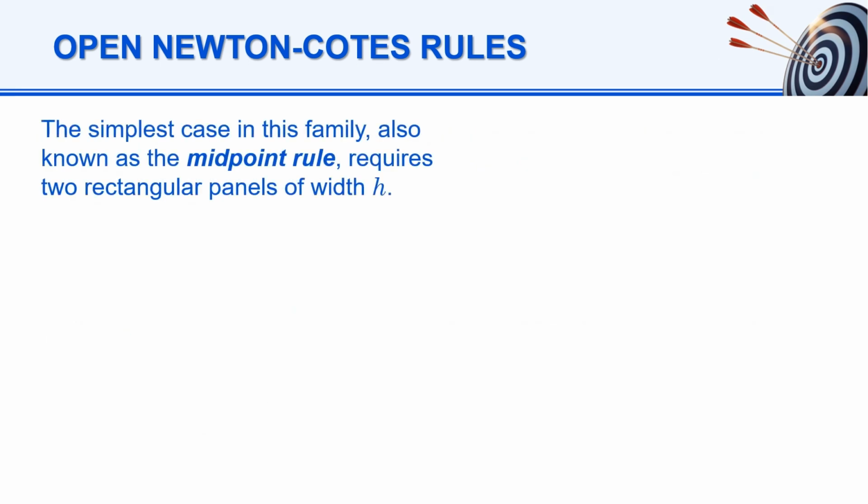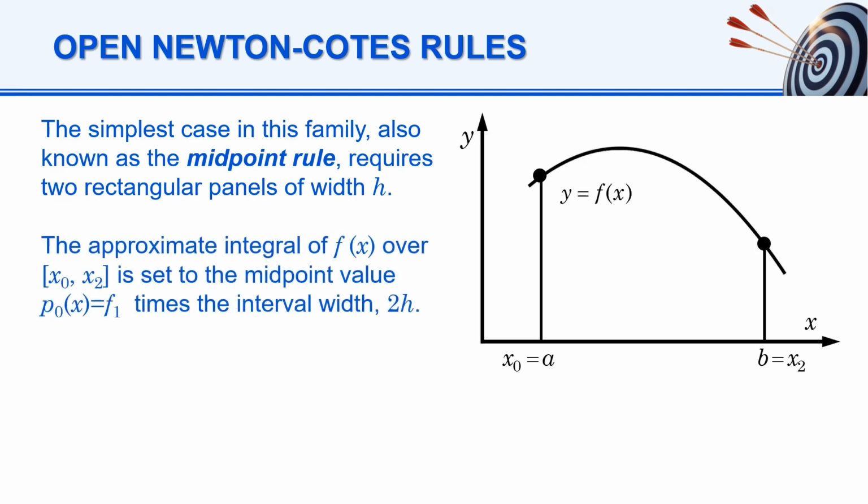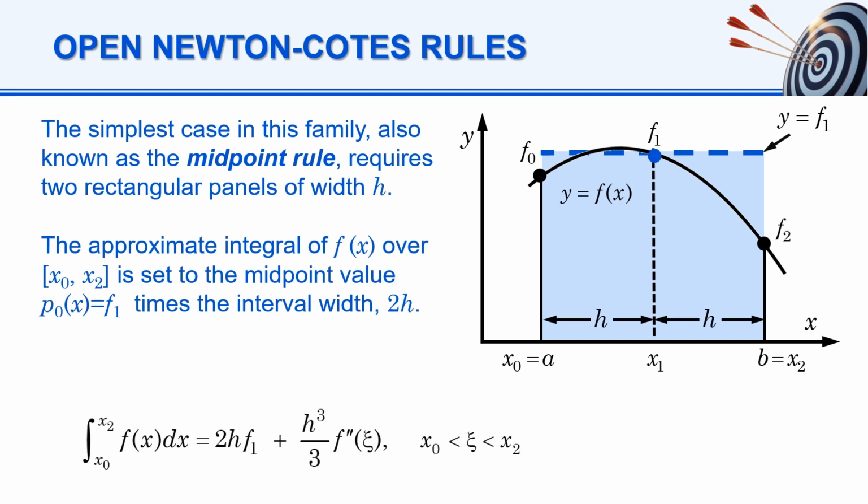The simplest case in this family, also known as the midpoint rule, requires two rectangular panels of width h. The approximate integral of f(x) from x0 to x2 is set to the midpoint value p0(x) equals f1 times the interval width 2h. The midpoint rule has a third-order local truncation error.